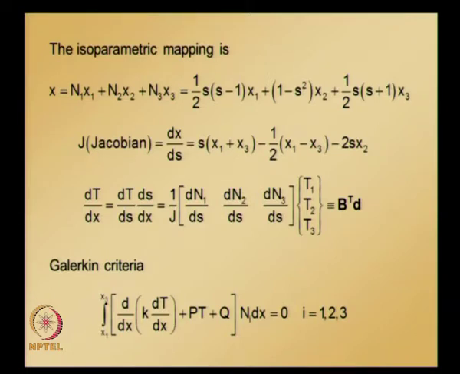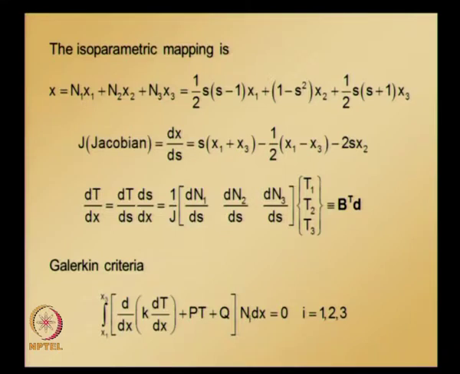So multiply the given differential equation with the shape function and integrate over the problem domain, assuming it goes from x1 to x2, so the limits of integration are x1, x2. Since there are 3 nodes here, i takes values 1, 2, 3.